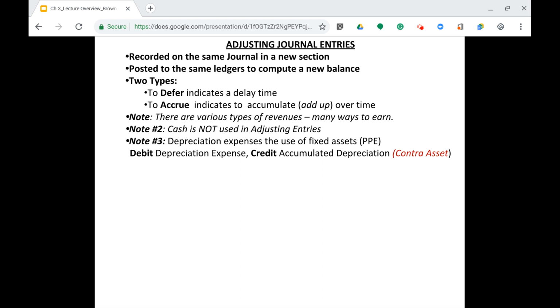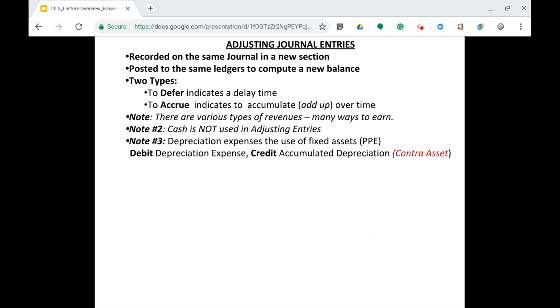And accumulated depreciation is a contra asset. It will be hyphenated to modify whatever asset it is modifying. So for example, the fixed assets, which this is related to, plant, property, or equipment, PPE, then you will have a building. You may have a factory.